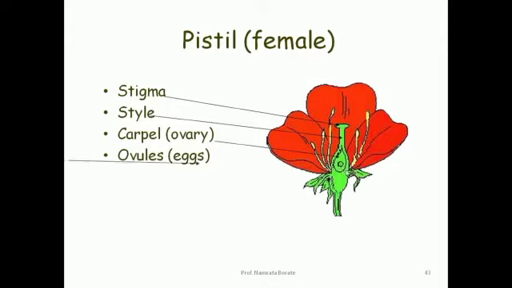Sexual reproduction involves two major events. The first is meiosis and the second is fusion of gametes. When gametes fuse, the result is the formation of a diploid zygote, and this diploid zygote produces a genetically dissimilar organism.